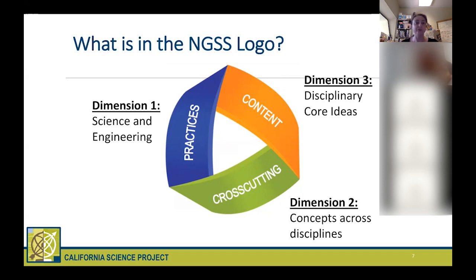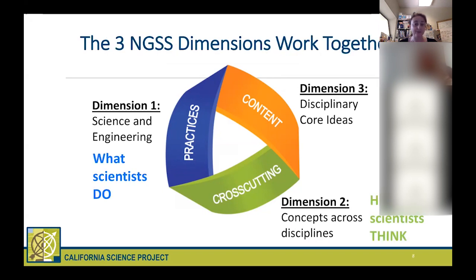So if you want to link these three NGSS dimensions to the work of scientists, I'm moving to the next slides, and what you can see is that dimension 1 is what scientists do. Dimension 2 is how scientists think, and dimension 3, the disciplinary core ideas, is what scientists know.